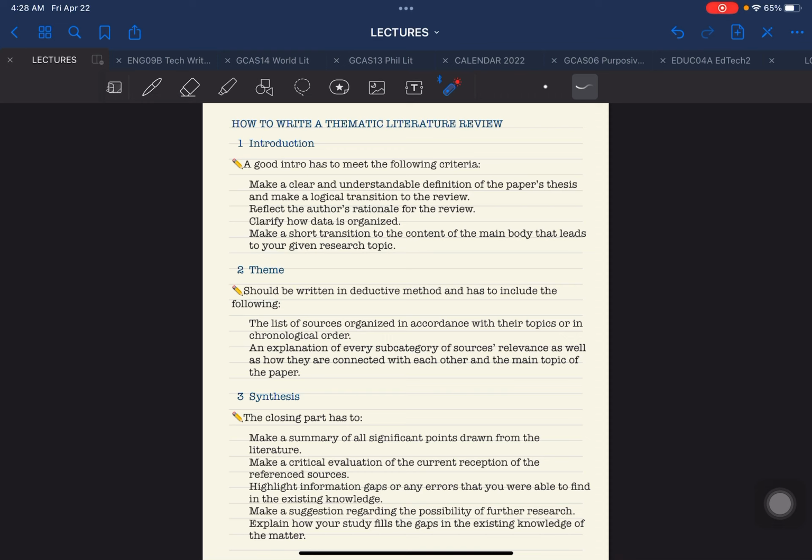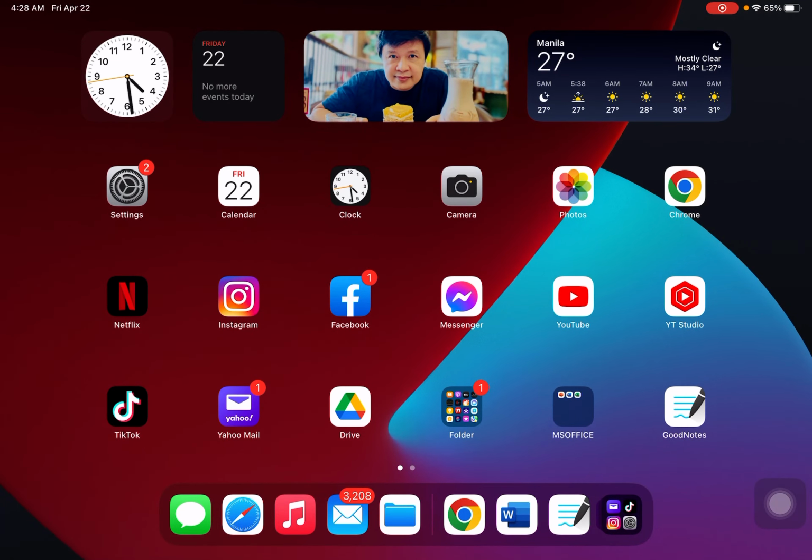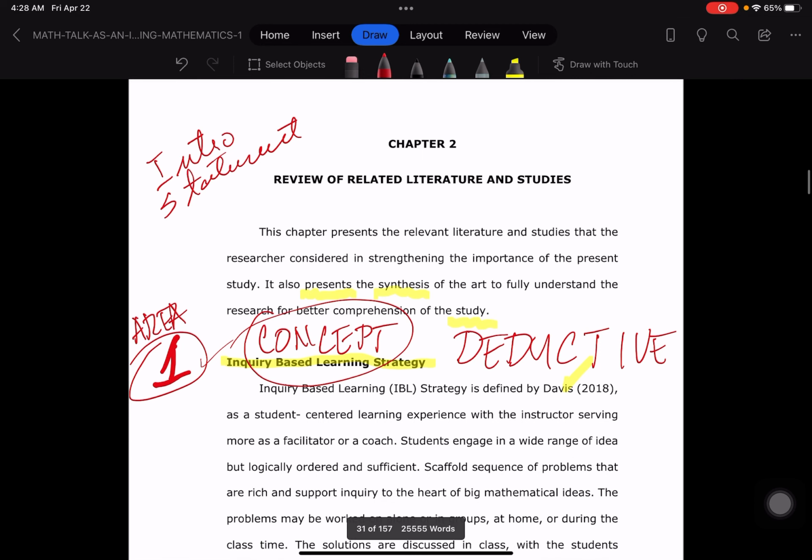So again, as I mentioned earlier, I am going to briefly go through a sample literature review presented in a study at the graduate school level. So we are going to go to this particular example. Again, this is the review of related literature and studies. So remember the parts that we discussed earlier.